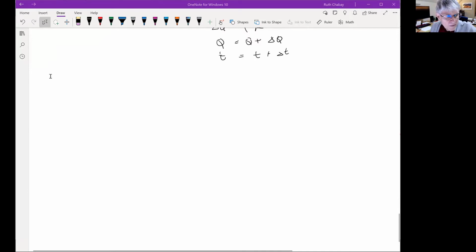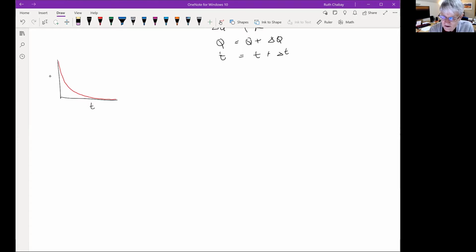So when we did it analytically, we got the graph of current versus time that kind of looked like that.